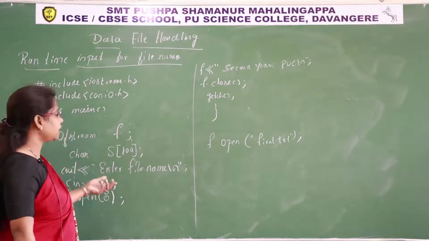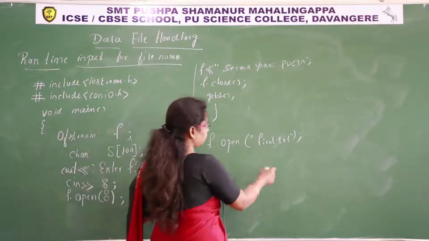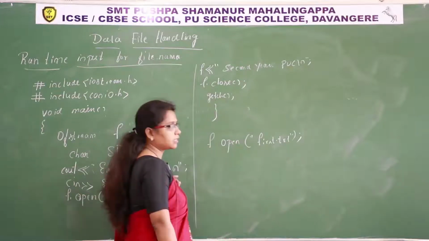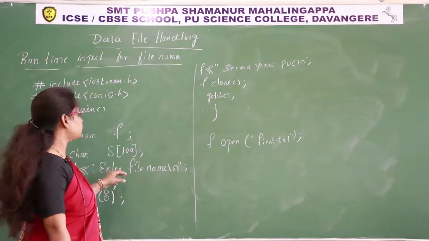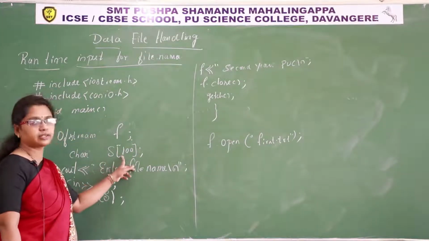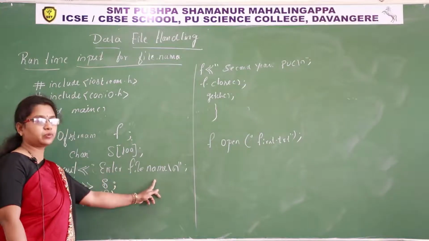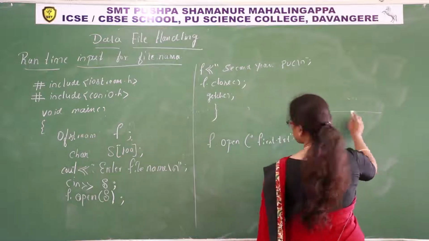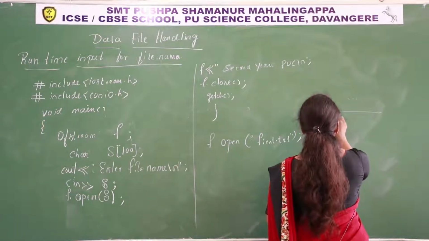That's why the file name is obviously a character string. First dot txt, these are all characters, a sequence of characters is nothing but a string. So to store that file name I had taken s of 100. Enter file name. When you execute this program, this statement will be displayed on the screen.